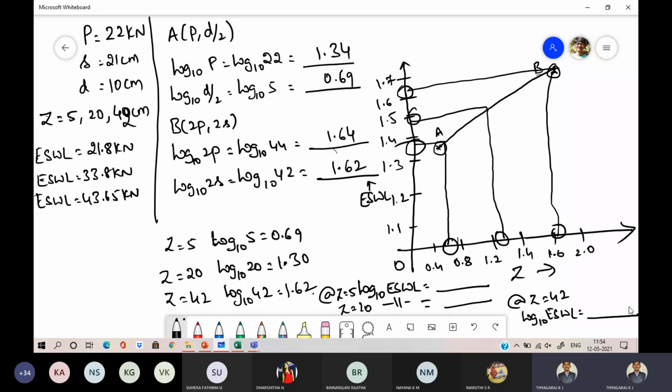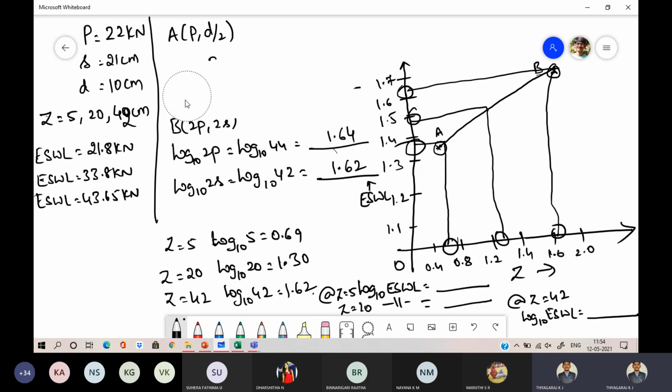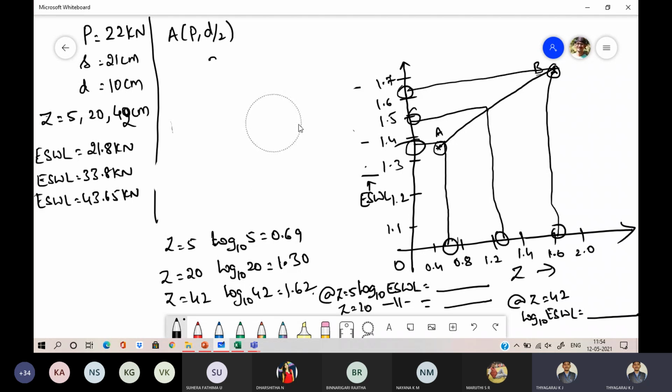I hope the problems are understood right. How to solve the ESWL problems? Yes, sir. Okay. I will arrange these things so that we can write the solution here.